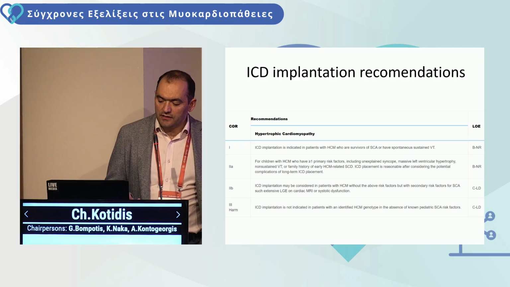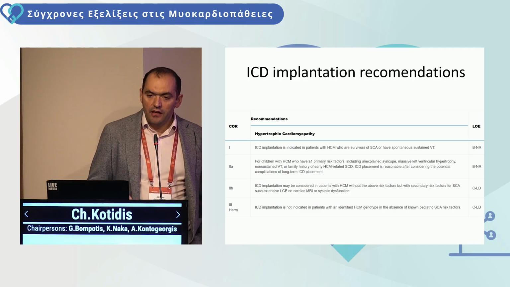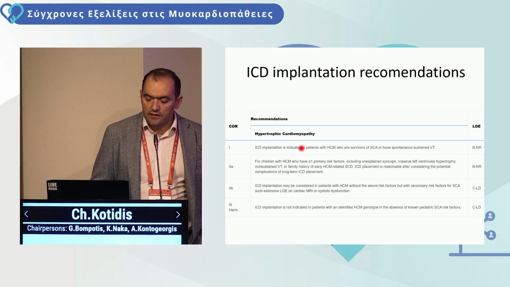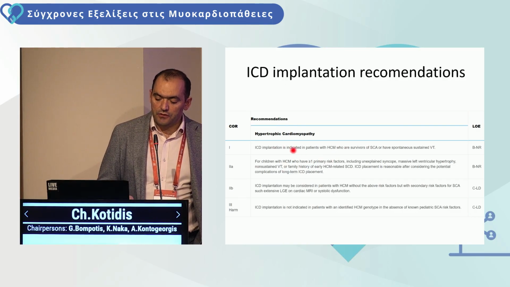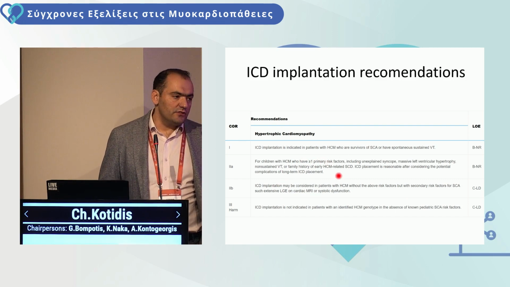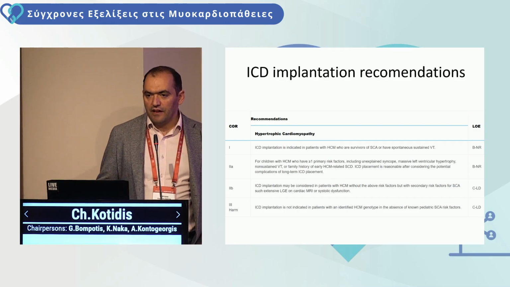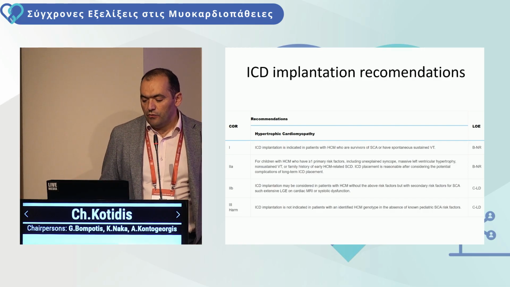Class 1 is aborted sudden death or cardiac arrest, and the guidelines say that any children with hypertrophic cardiomyopathy with one or more primary risk factors can be considered for ICD implantation, but we rarely do this, and we have to discuss it with the patients.